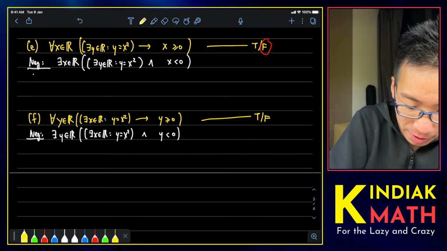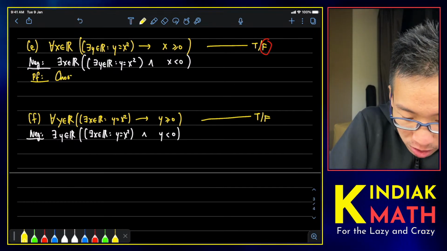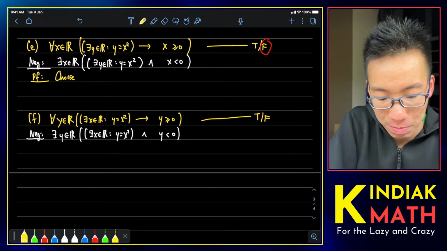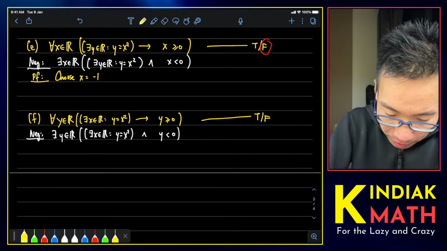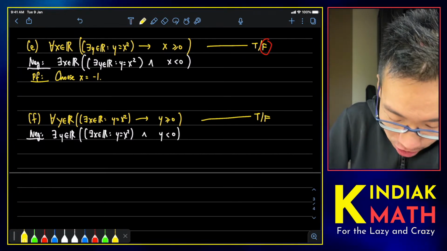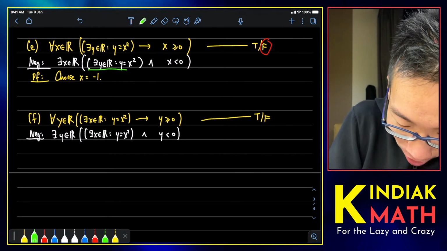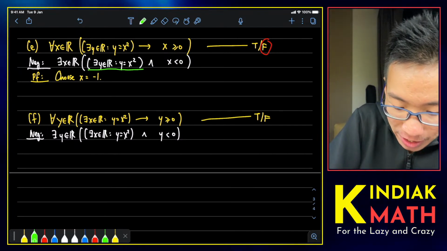We're going to prove it. Since it's an existence proof, we need to choose x in R, or we need to choose x equals, say, -1. That will help us. And we need to verify the remaining statements. We need to check that there exists y in R such that y equals x squared is true. Well, this statement is true, right?